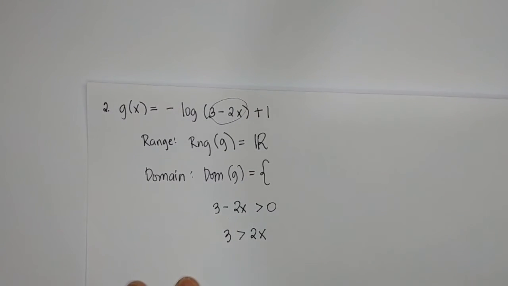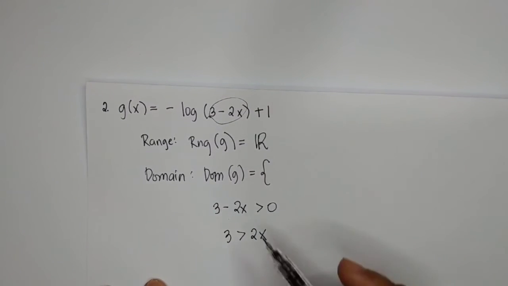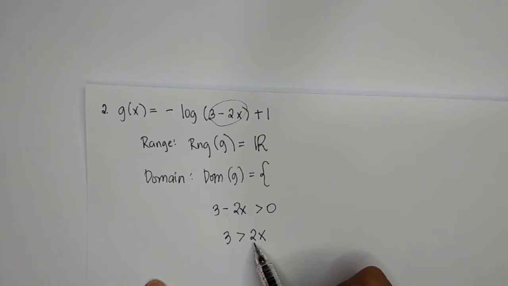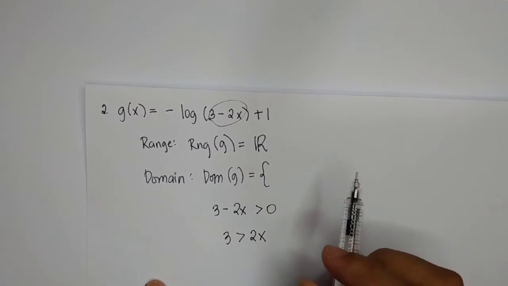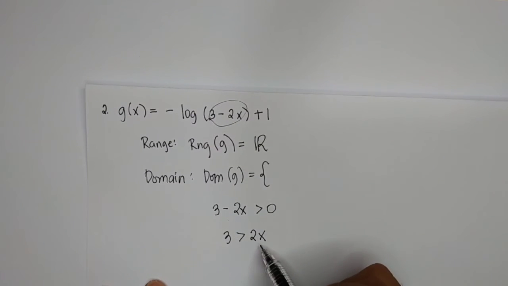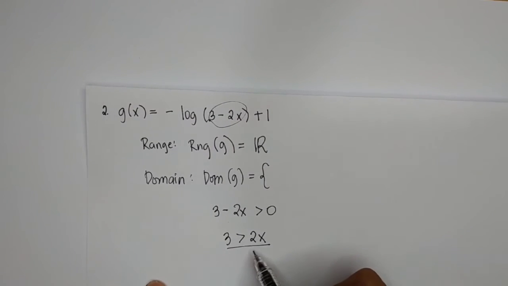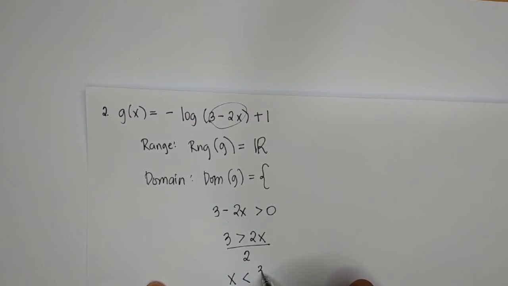Di ba, if i-transpose natin. Then after that, divide natin ito by 2. So, our x is less than 3 halves.